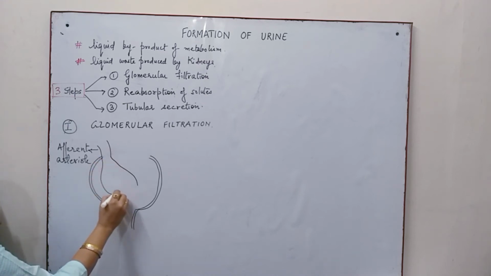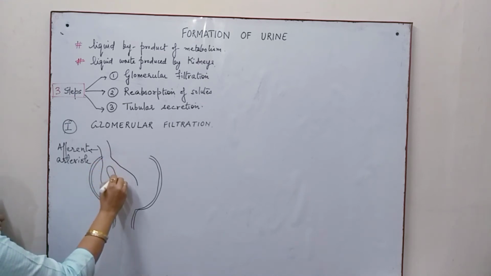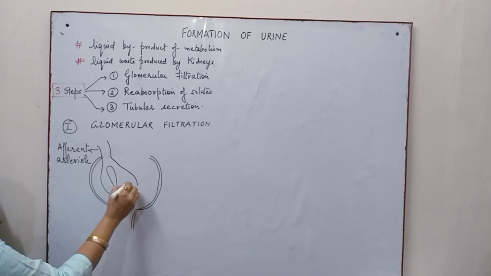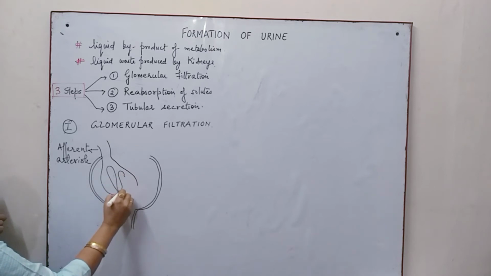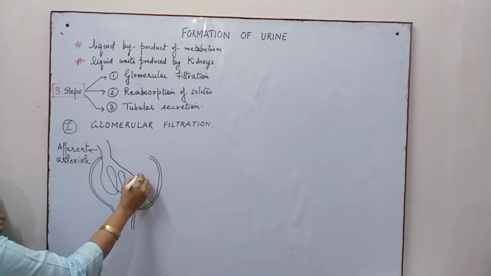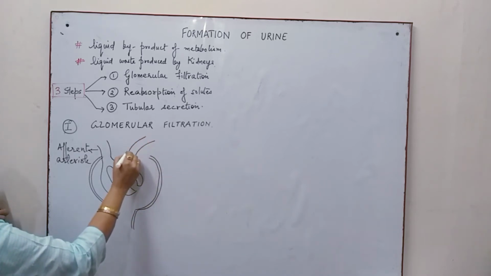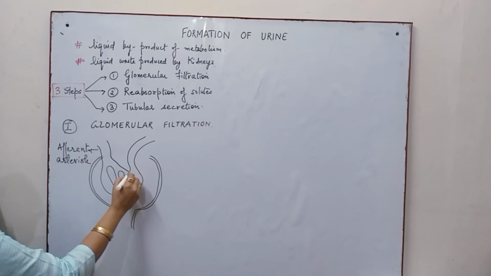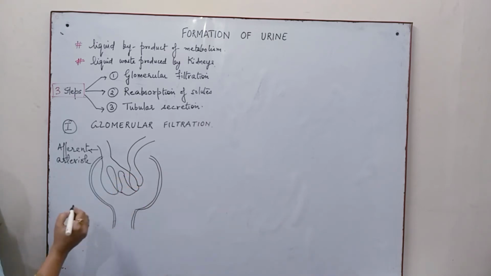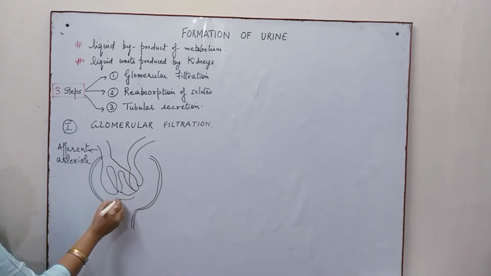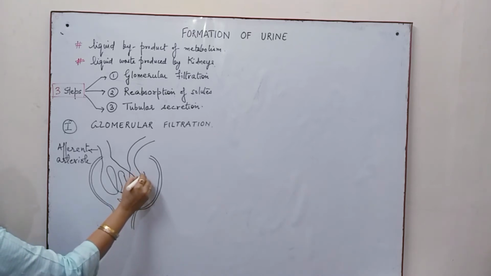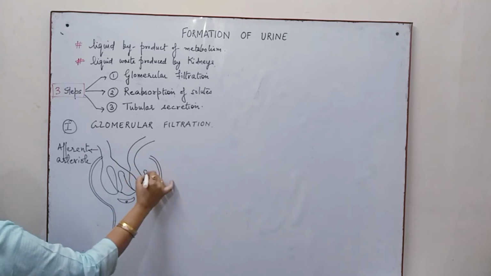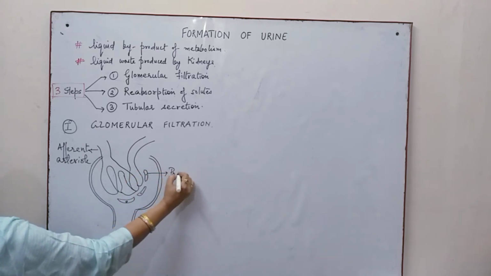Now this forms a network having all the capillaries present inside, and these capillaries carry the blood and help in the process of filtration. These are specialized cells which are present over here, known as podocytes.